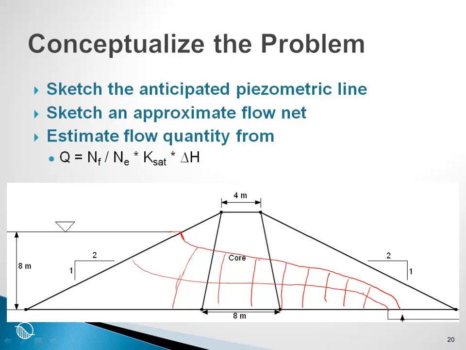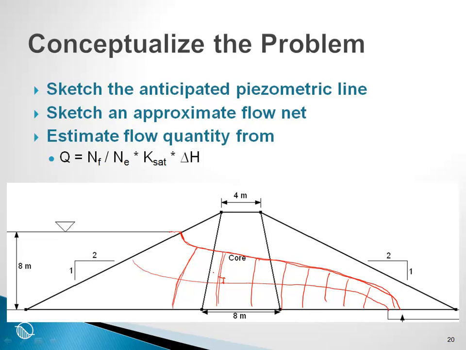That is an extremely crude flow net, but nonetheless it's reasonable, and we can even make an estimate of the flow quantity. First of all, from my SEEP result, I should see a flow line or a line of zero pressure that looks somewhat like this. My equipotential lines should be perpendicular to a flow line. That's what I should expect.